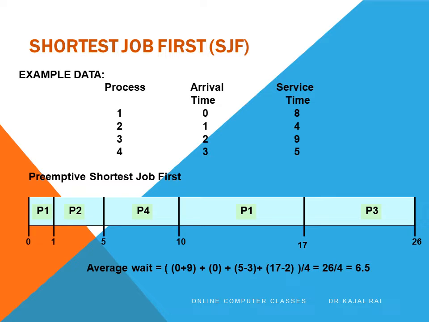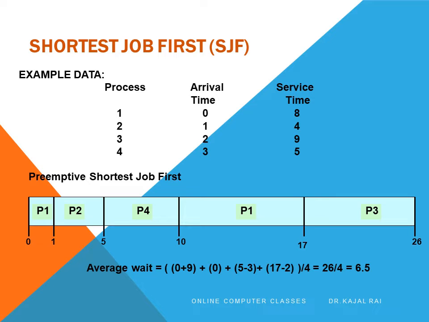So the average waiting time here is, first, 0 for P1, but 0 plus 9, because it has to wait again for 9 seconds. It ran for 1 second, so for 9 seconds it has to wait again. So the waiting time for P1 is 0 plus 9. For P2 it is 0, because it arrives at 1 second and gets the CPU.